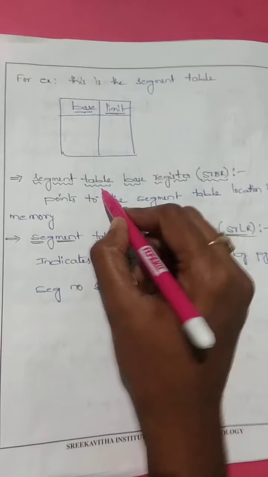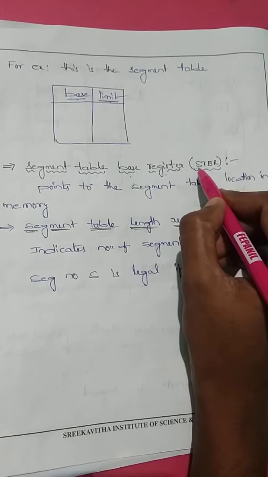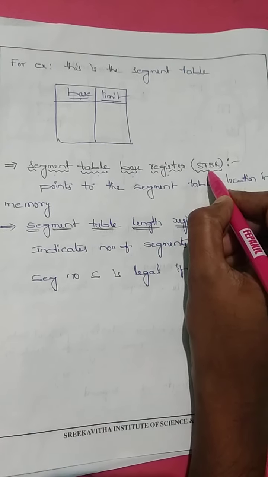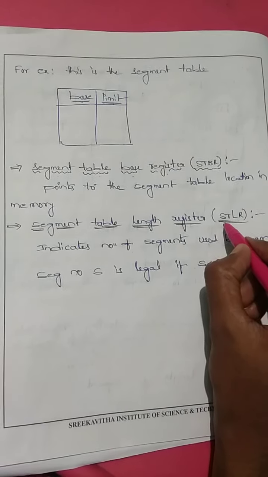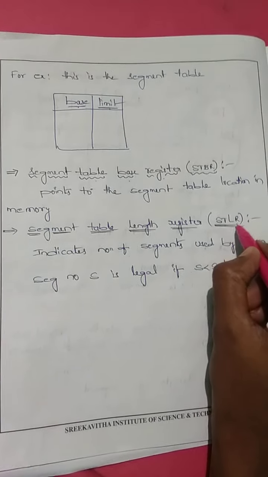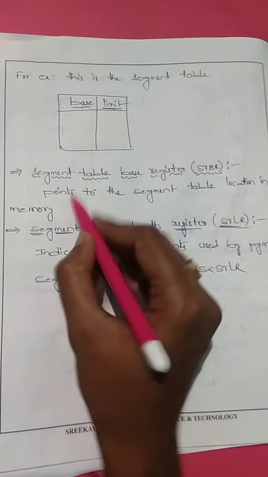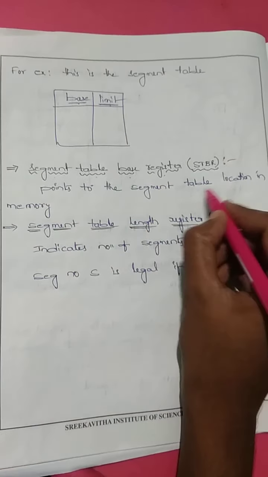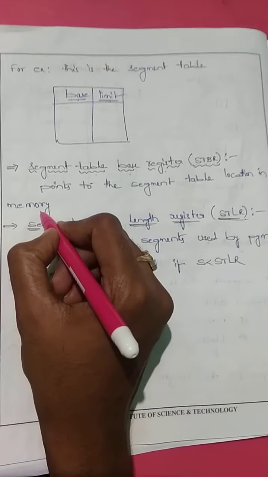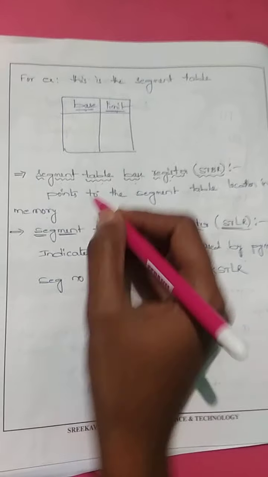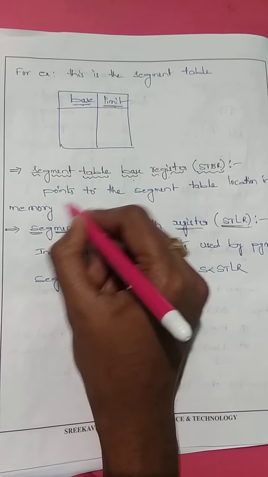For this base address we have the segment table base register, STBR, and another one is the segment table length register. What does STBR denote? It points to the segment table location in memory, the starting position of the segment table.